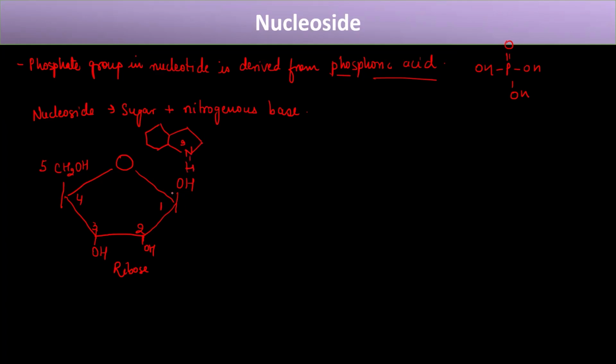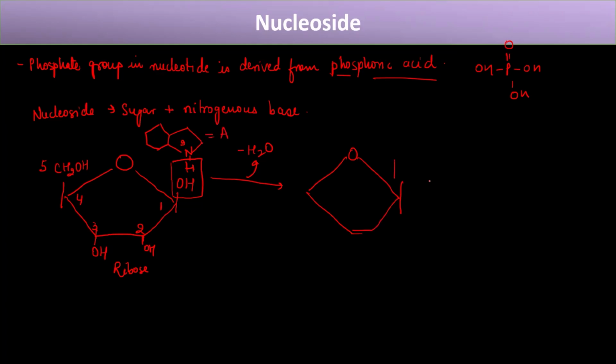Now, this H and this OH will form a bond, and this will cause the release of water. The nucleoside that forms will look like this. Suppose this base is adenine.